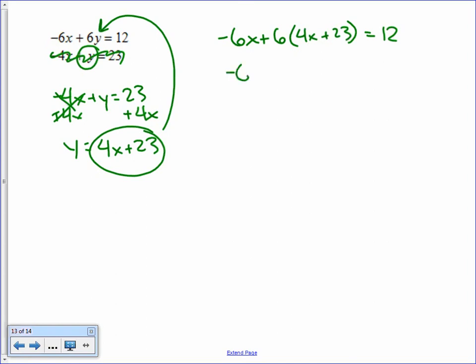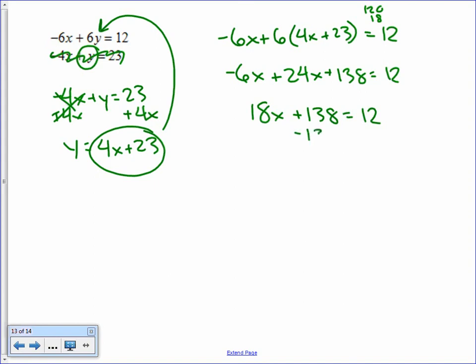So we have negative 6x plus 24x plus, let's see, we have 120 plus 18, so that'll be a 138. That equals 12. So we have 18x plus 138 equals 12.